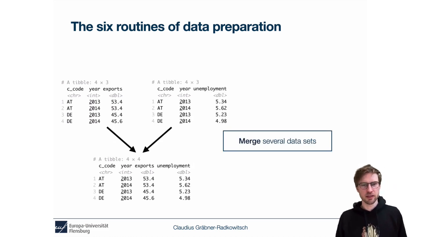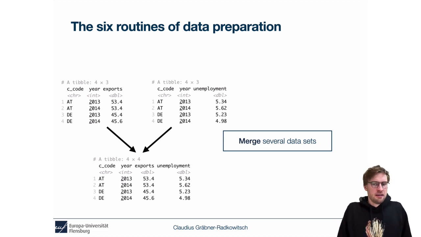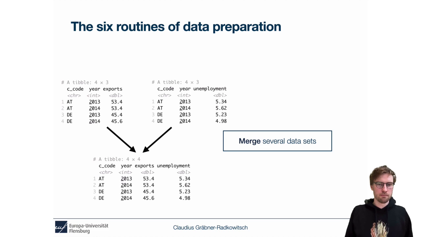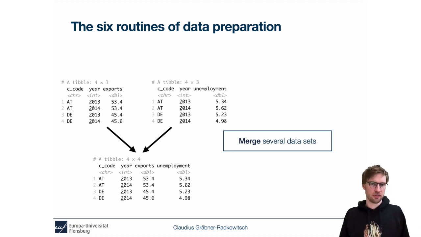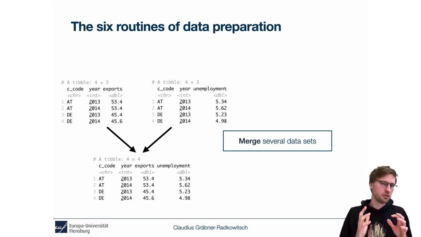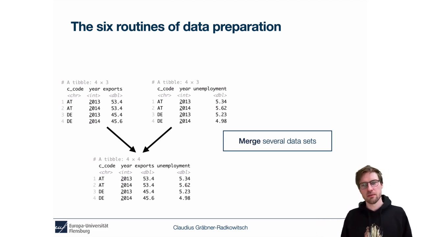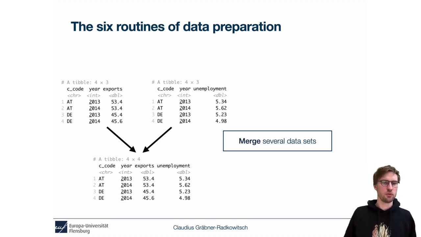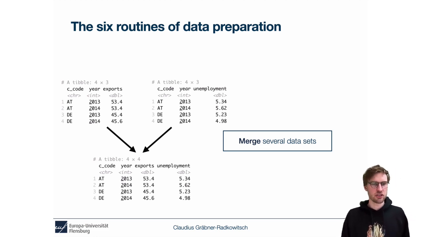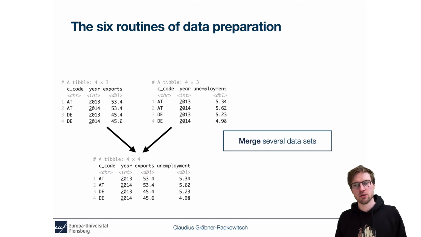Okay, and here's the next one, merging several data sets. The necessity of the routine stems from the fact that usually when you're interested in a particular research question, you need to combine data from different data sources. So in this case, think about you got information about exports from, say, the UN export database, and you got information about unemployment from the World Bank. And then you want to analyze the relationship between export activity and unemployment in the economy.